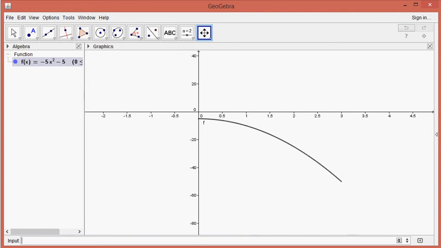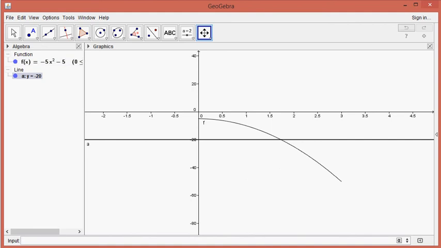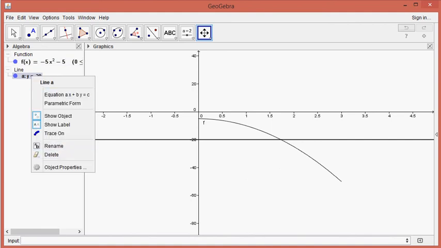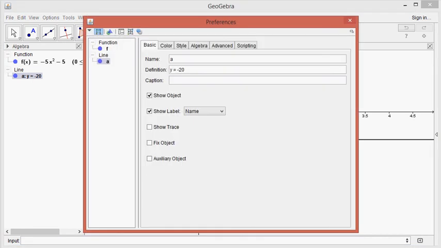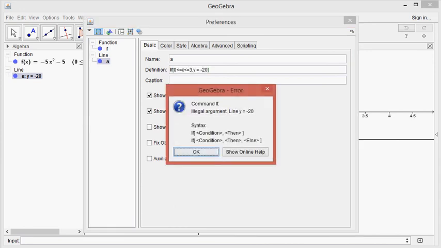Then the average value is y equals negative 20. So it looks like that. Well, maybe I'll write it this way. So the definition, we can write if 0 is less than or equal to x less than or equal to 3, then how about do that, and would that work?